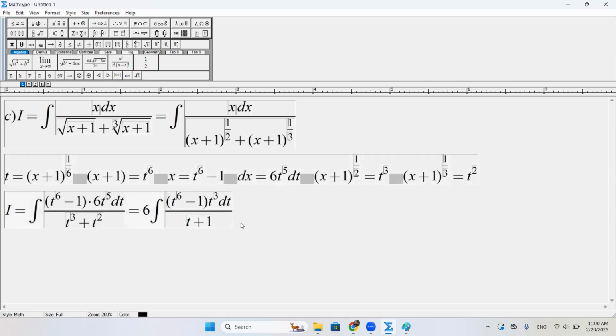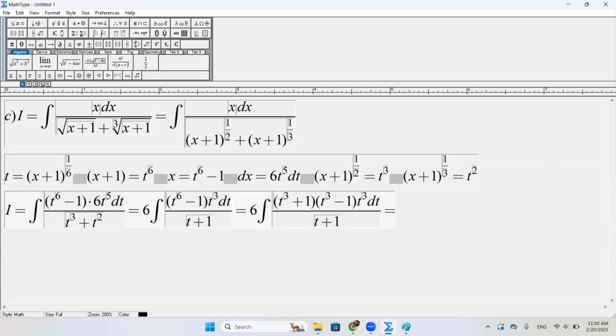So now we can simplify this expression, so we can cancel the denominator. How can we do it? We can factorize this expression. So t in power of 6 minus 1 equals t cube minus 1 times t cube plus 1. This is the difference of squares. Now we need to factorize these brackets.